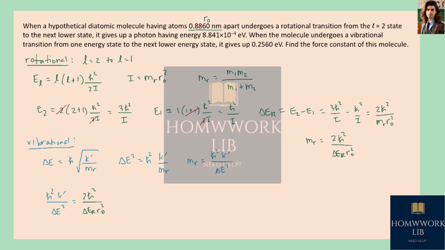And as you can see, those h bar squareds cancel. And I'm left with k prime equals 2 times the vibrational energy difference squared divided by the rotational energy difference times the atomic separation squared.